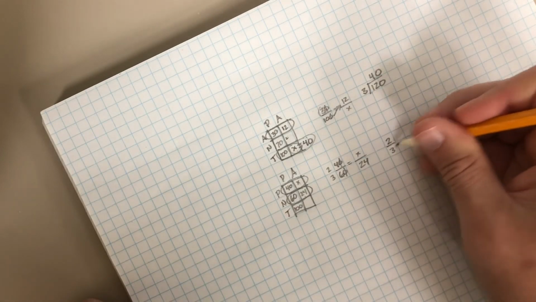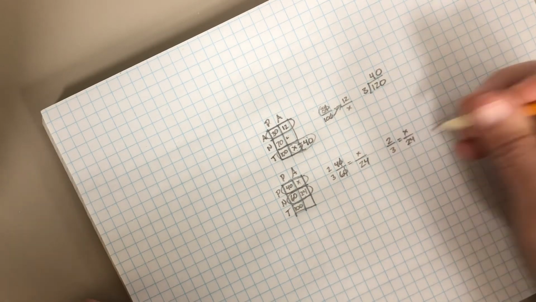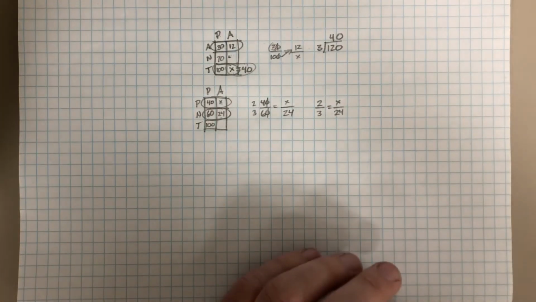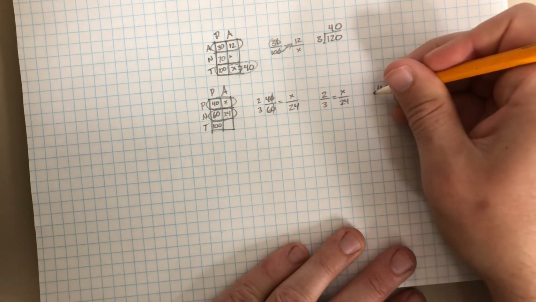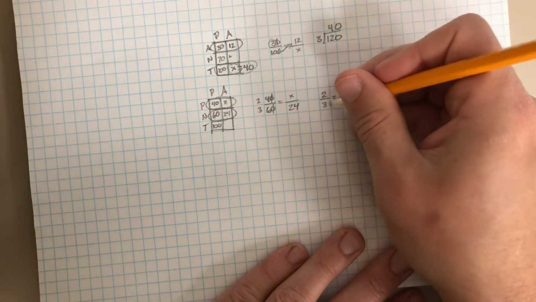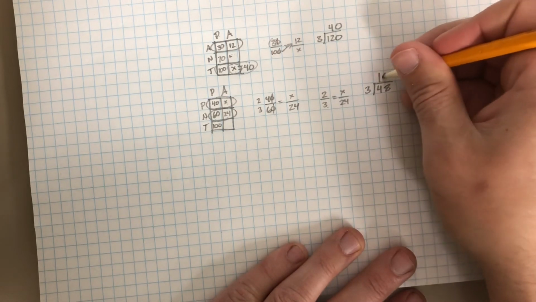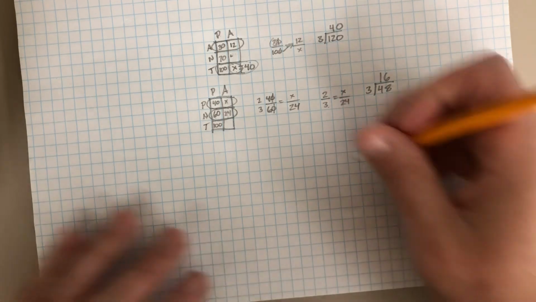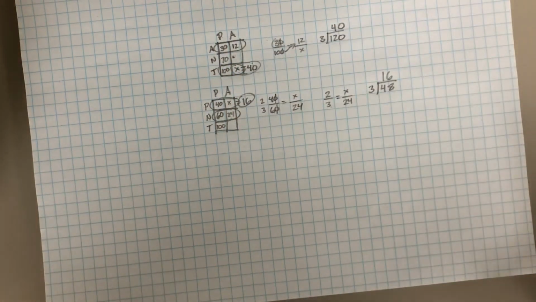So 2/3, I'm just going to rewrite this, equals x over 24. Okay? So 24 times 2 is 48, and then divide. Remember, cross multiply and then divide. 3 goes into 48 16 times, so I know that 16 people played in the game.